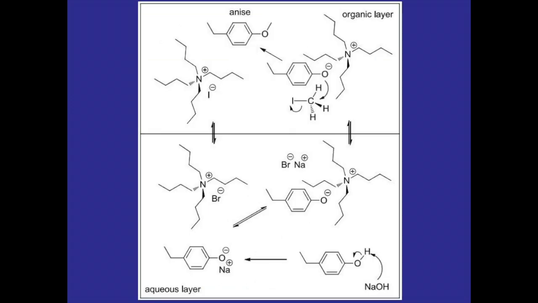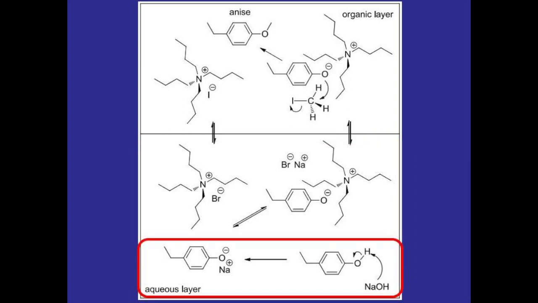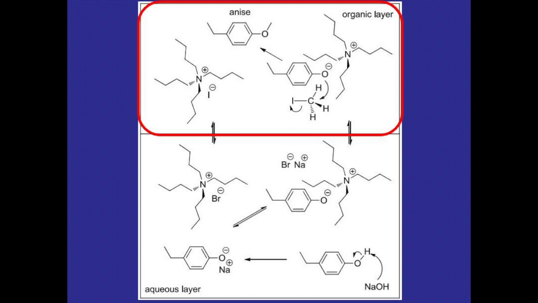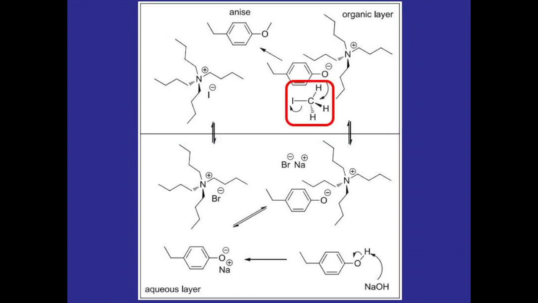Here's how it works in the mechanism. In the bottom half we have the aqueous layer where sodium hydroxide has deprotonated the phenol and formed the phenolic ion. And on the top half we have the organic layer with the other reagent, the methyl iodide.